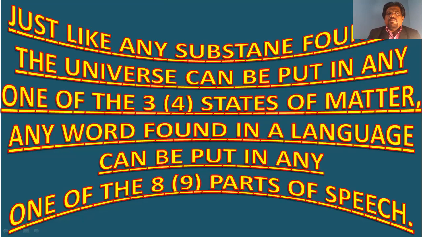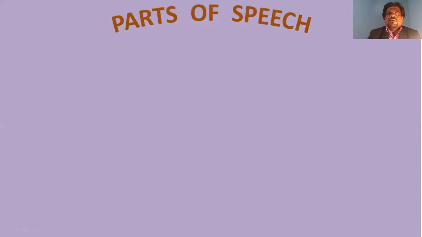By the time I complete the names of these parts of speech, I request you to remember these names as well. The first part of speech is noun. Just remember, it is easy to remember. I try to arrange these 9 parts of speech in a particular way so that you may easily remember them.